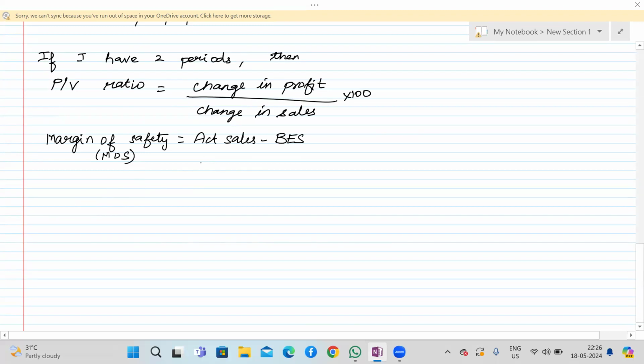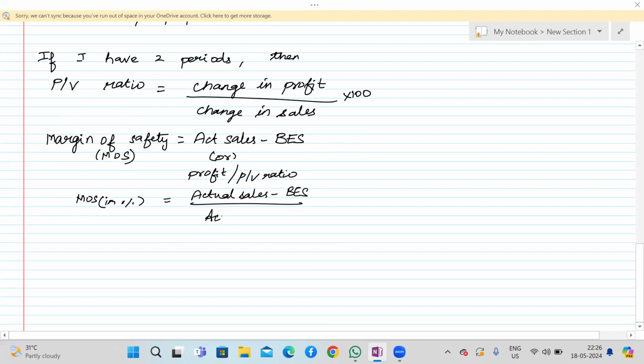Another formula we have is profit divided by PV ratio. If I require margin of safety in percentage, that means actual sales minus break-even sales divided by actual sales into 100. So you will be getting it in percentage.